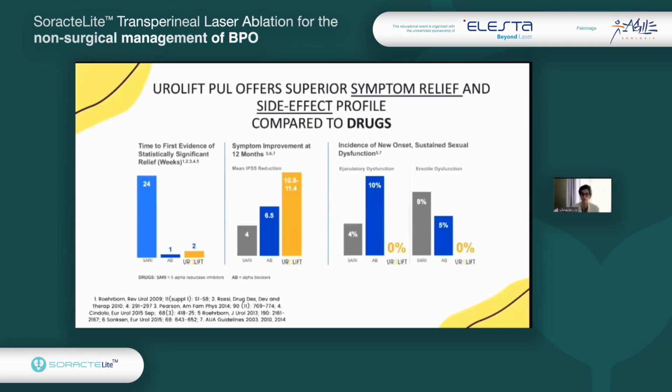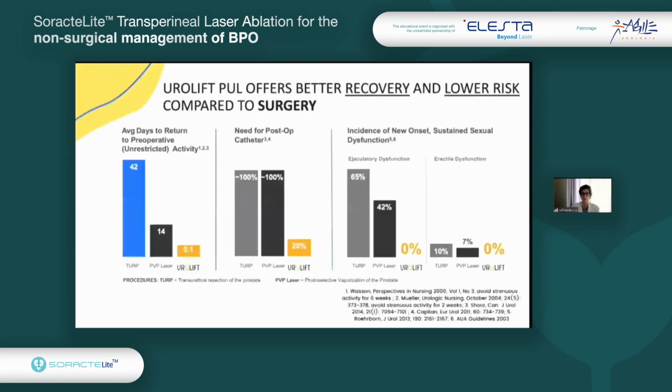In terms of IPSS improvement at 12 months, we should see an improvement of more than 10 or 11 points, and in all the treated patients there's no erectile dysfunction and, moreover, no ejaculatory dysfunction. Urolift also offers better recovery compared to surgery.